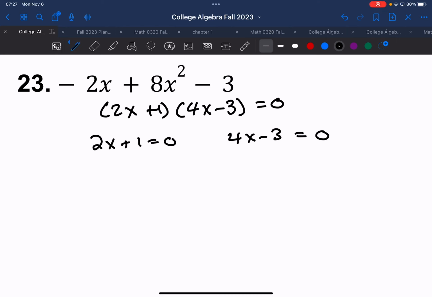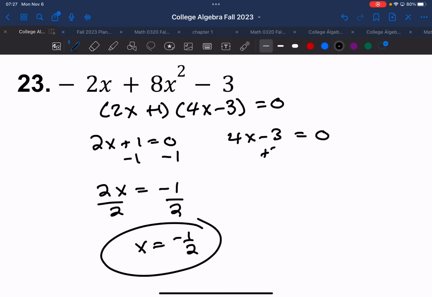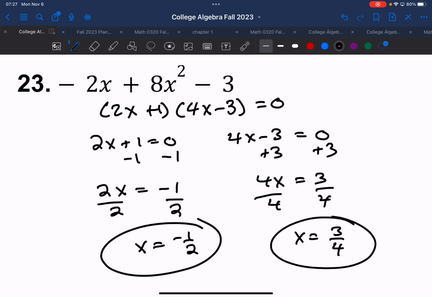Okay, go ahead and solve for x for each one. Okay, and you should have got negative 1/2 and 3/4.